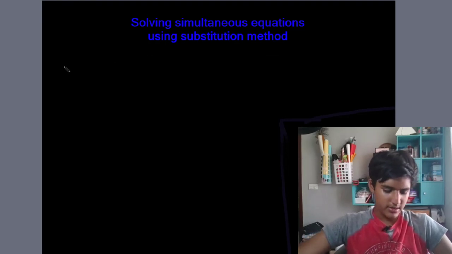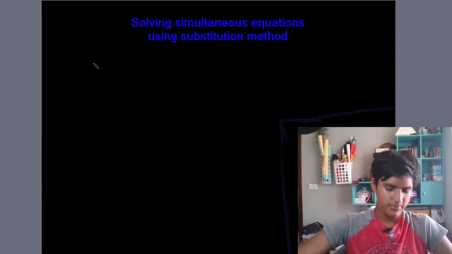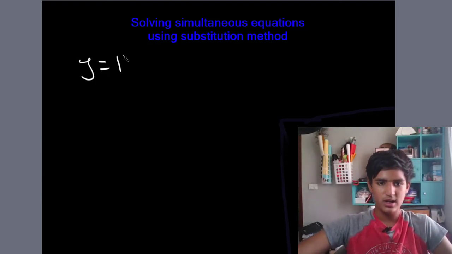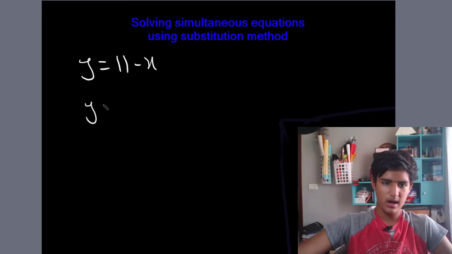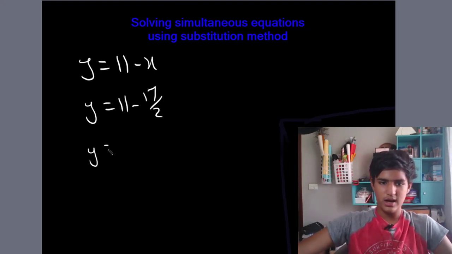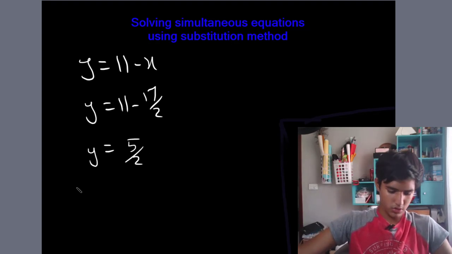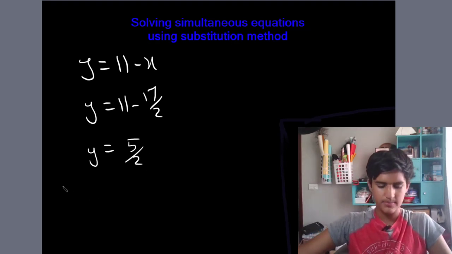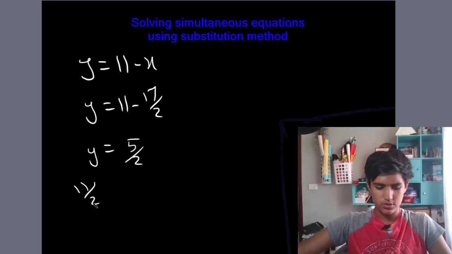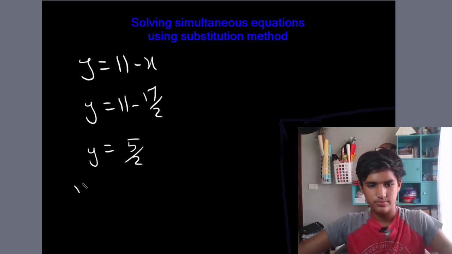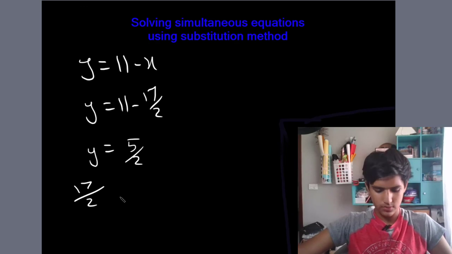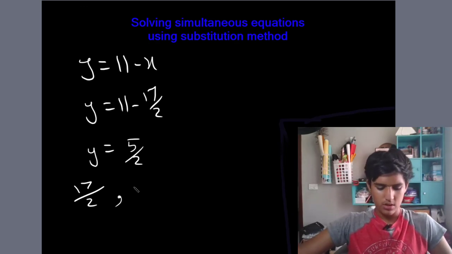Now we'll return to the original equation, which was y is equal to 11 minus x. y is equal to 11 minus 17 upon 2, which is y is equal to 5 upon 2. So we have our answer: 17 upon 2, comma 5 upon 2.